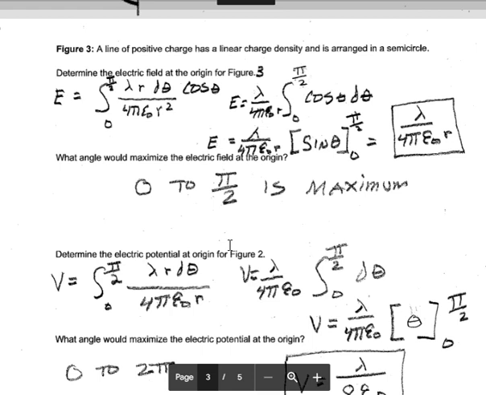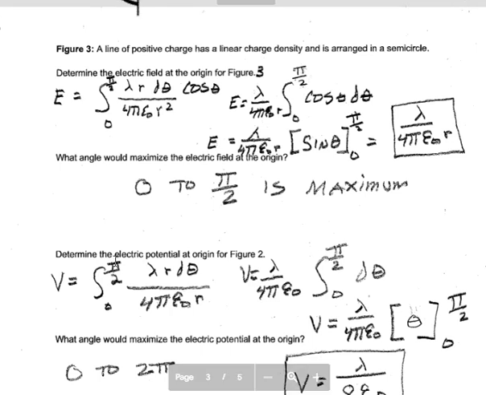We still have the same integral, except now the driving integral is dq over 4 pi epsilon naught r, and not r squared. We're going to integrate that from 0 to pi over 2 of lambda r d theta over 4 pi epsilon naught r. And then the r's cross off. Please notice that voltage is not a vector.